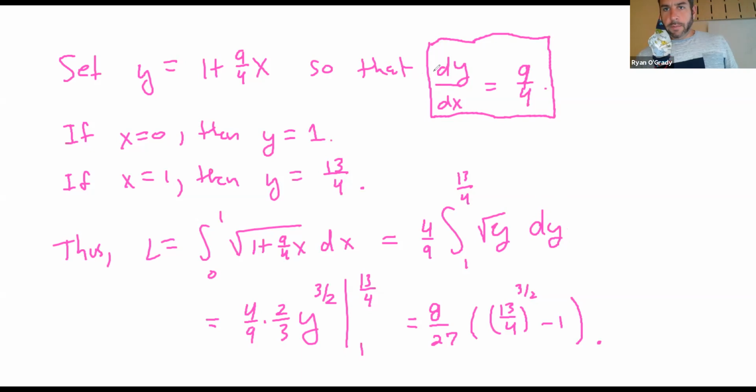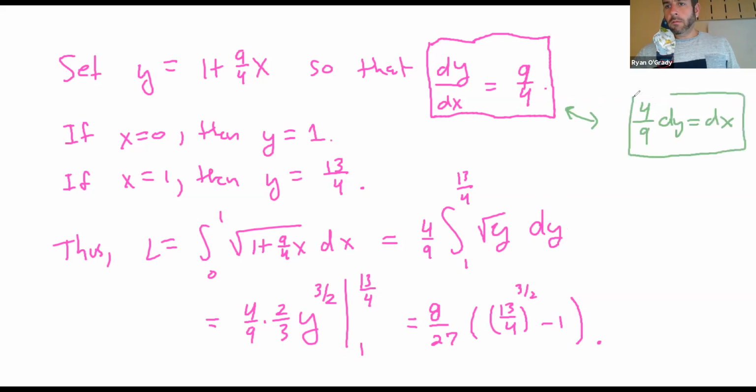What this change of variables theorem kind of says is we can pretend dy dx is a fraction and we can cross multiply. So if I take 9/4 to the other side, it becomes 4/9, and then dy is equal to dx. Does that make sense? Does that clarify for you? Yep, very good.